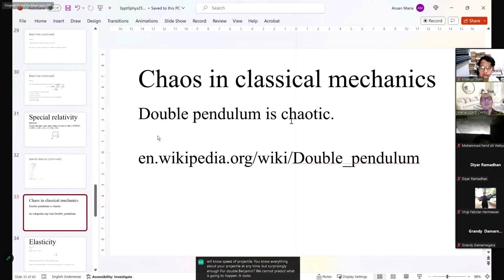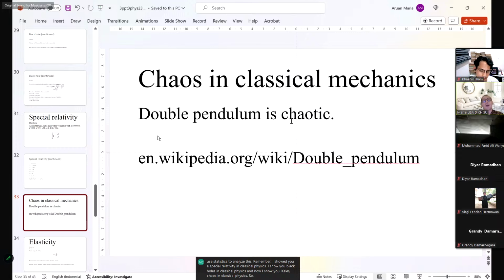It looks like just a simple mechanical system, but the double pendulum is chaotic. We need to use statistics to analyze this. Remember, I showed you special relativity in classical physics, black holes in classical physics, and now I show you chaos in classical physics.